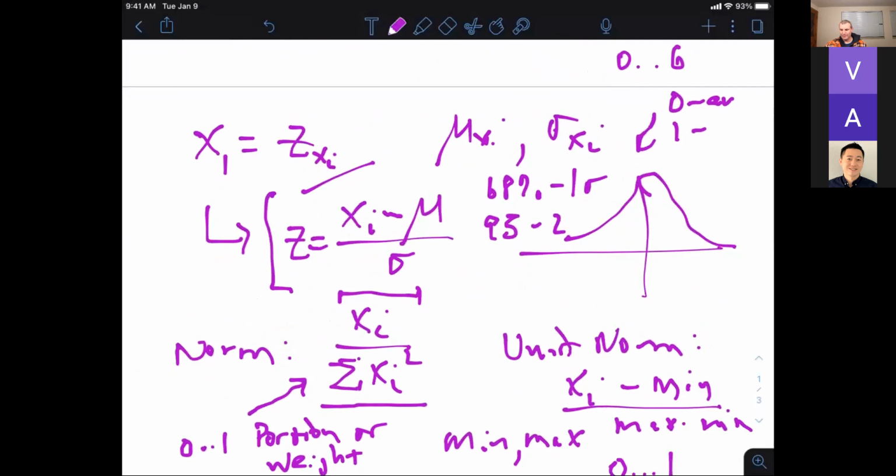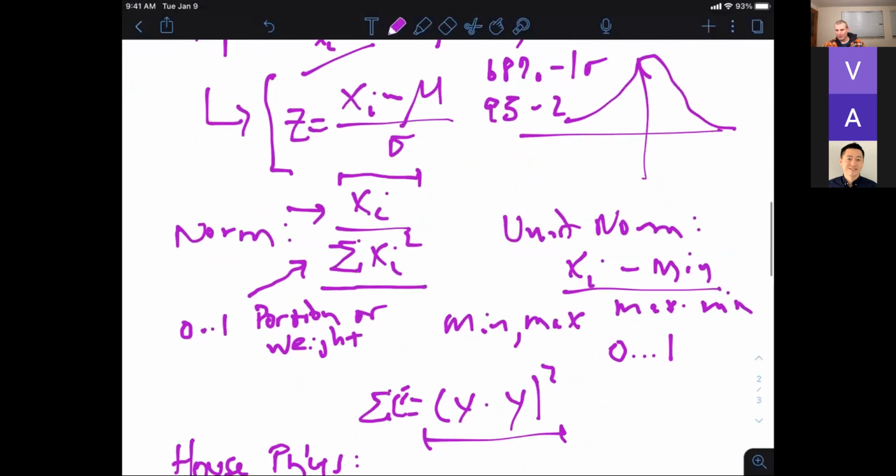Standardization is one, normalization is another, and then the unit norm, which I'm pretty sure is min-max, something like that, is the next. And again, I could possibly be wrong on which one is which, but under the hood, that's kind of what it's doing, one of those three.